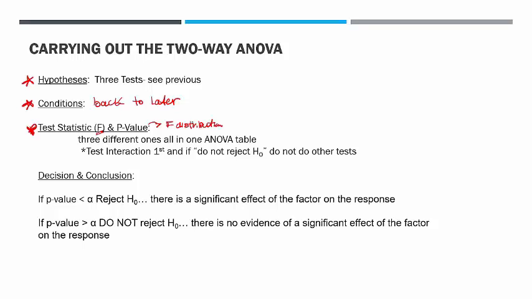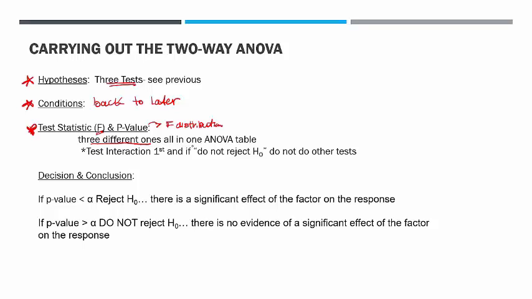It's a right-tailed test. It's a right-skewed distribution. It has two different degrees of freedom that determine its exact shape, and those degrees of freedom are based on the overall sample sizes and the number of levels of each factor. So there are three different tests, which means three different test statistics and three different p-values.